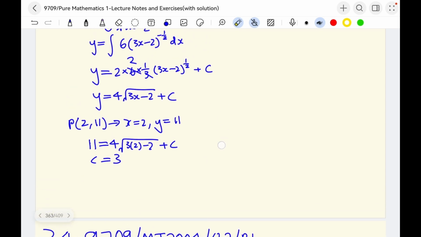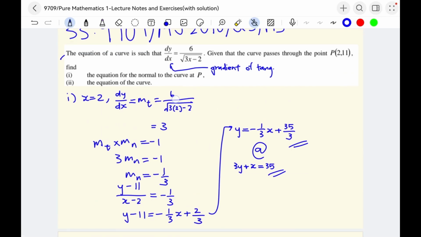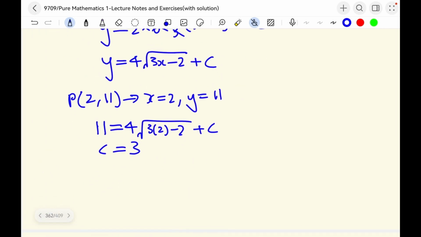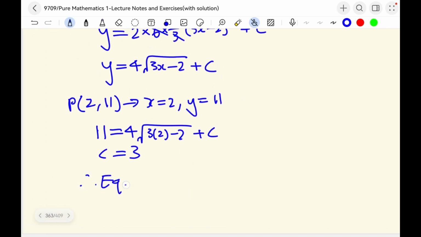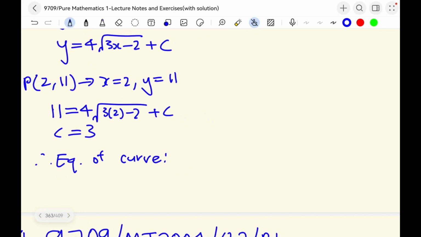So you have c already. What's the final touch? Rewrite the equation, right? Because the question demands you to find the equation of the curve. Okay? So you can write it over here. It's optional for you to write the statement, but it's best to explicitly leave your final answer so the examiner can understand.